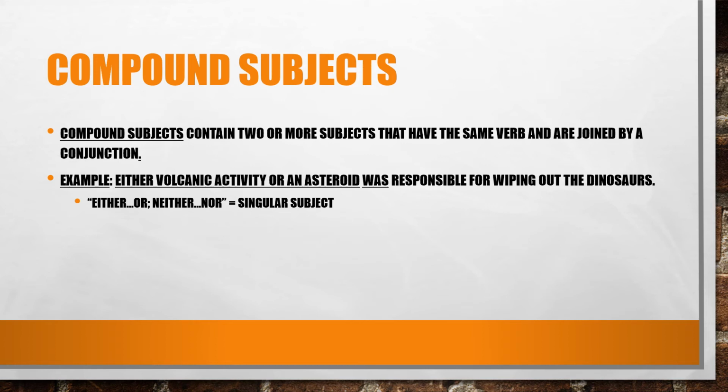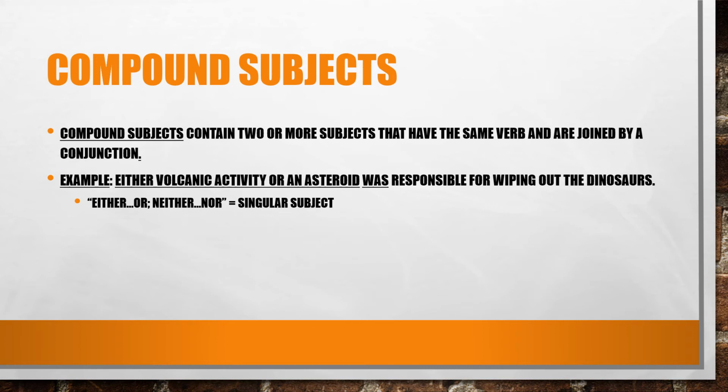And the conjunction that links them together is the combination either or. Either volcanic activity or an asteroid. Anytime you have either or, neither nor at the beginning here, in a compound subject, then that makes it a singular subject.